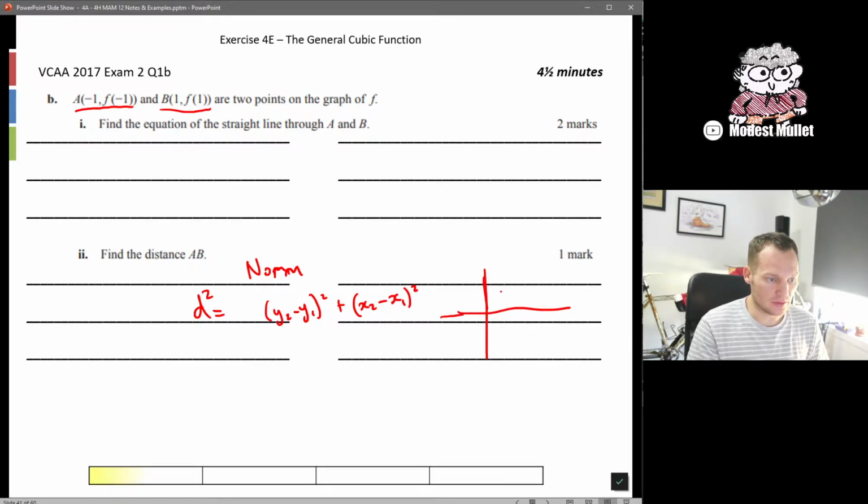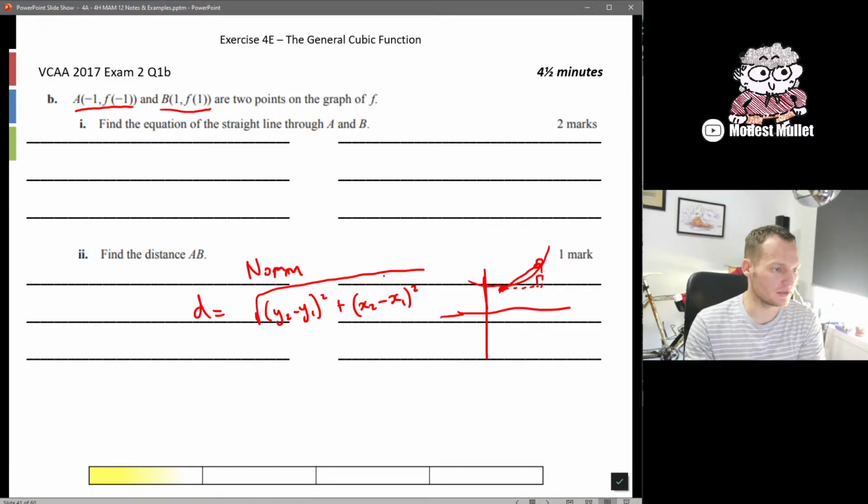Between any two coordinates, wherever they are, doesn't even matter if it's on a curve, the actual distance between them can be broken down into a right angle triangle. So it's just using Pythagoras' theorem rewritten like that, which I generally think you're given in the formula sheet on the exam. So you could use either the norm function or use this rule, and we could find the distance between the two points.